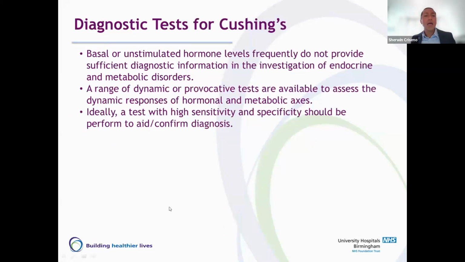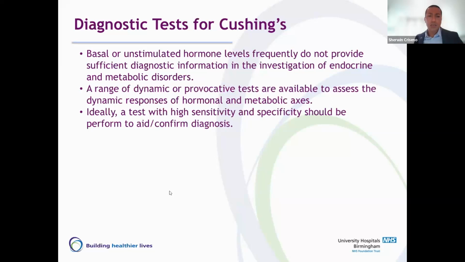Now, Professor Karavitaki mentioned the challenge in diagnosing Cushing's, that we cannot rely on one single test. Because it's a very difficult disease to diagnose, we have to make sure we are convinced that we have the right diagnosis. Particularly with Cushing's, we cannot rely on an unstimulated or basal cortisol to identify cortisol excess.